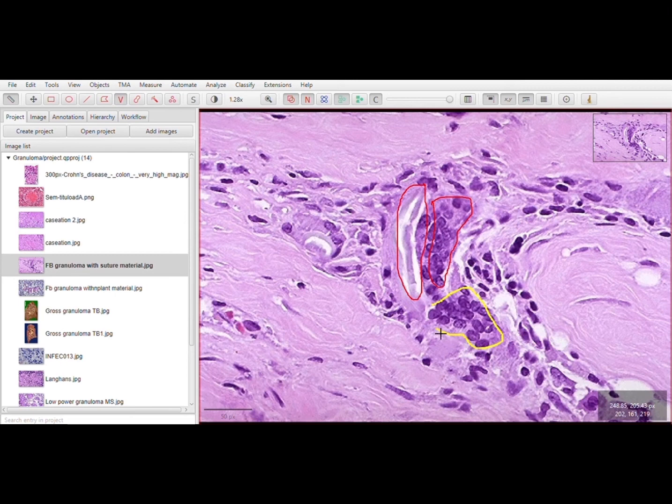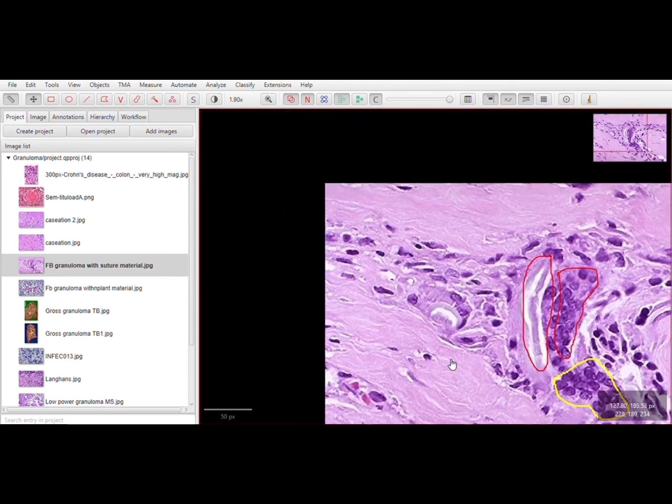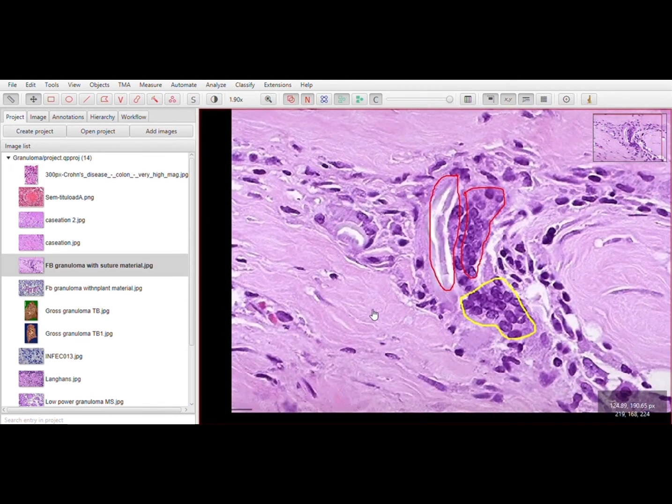Now this giant cell does not have peripherally arranged nuclei. These are haphazardly arranged nuclei. So this is one of the very important identification points for foreign body type of giant cells. Basically, this is a granuloma with a foreign body material and giant cells.